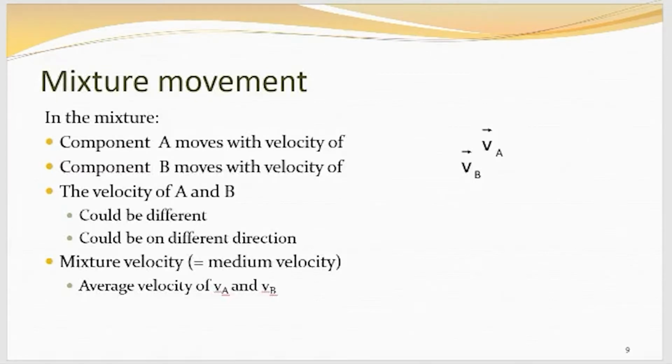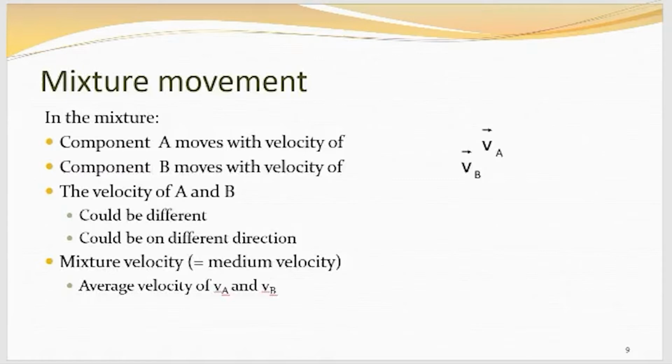So when we have a mixture that moves, we can say that component A moves with the velocity of VA, and component B moves with the velocity of VB. The velocity of A and B could be different.